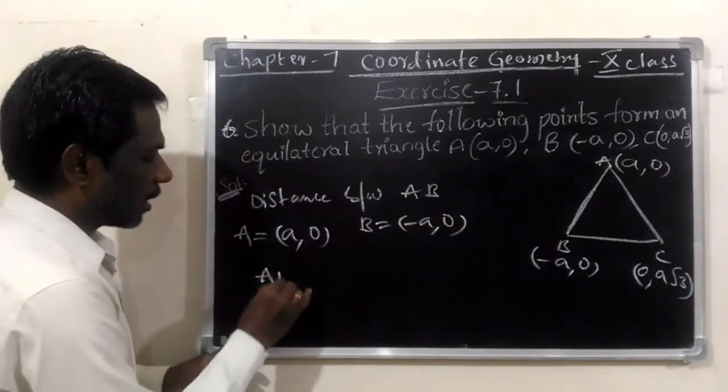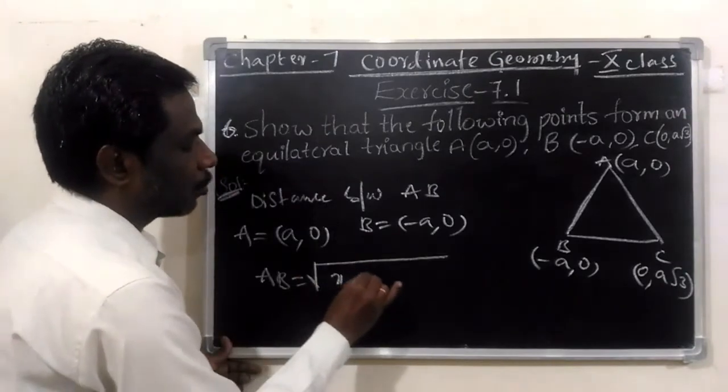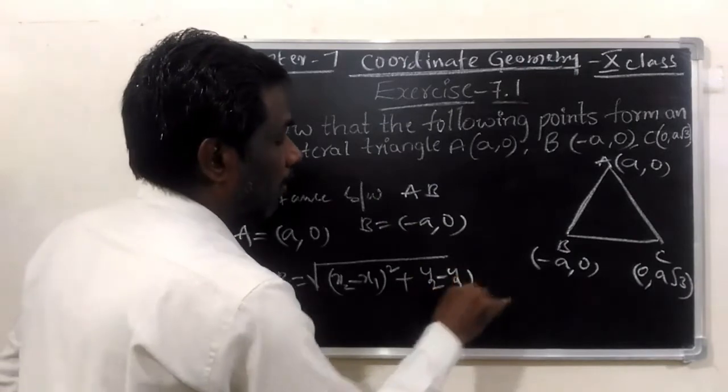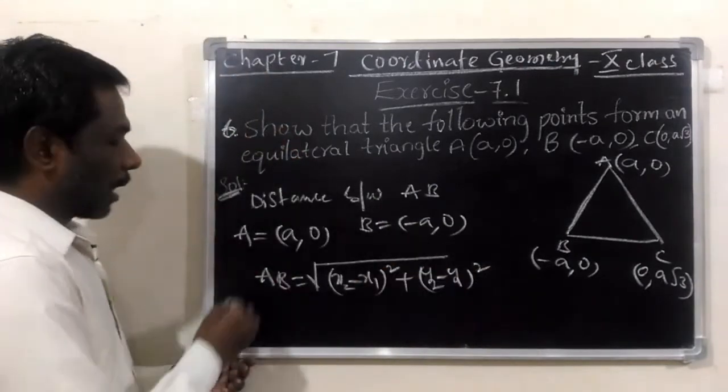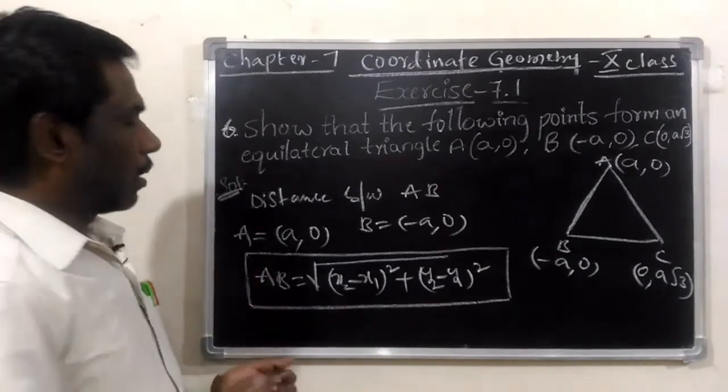Next, write the distance formula: AB equals under root of (x2 minus x1) whole square plus (y2 minus y1) whole square, and make it a box. This is the formula.